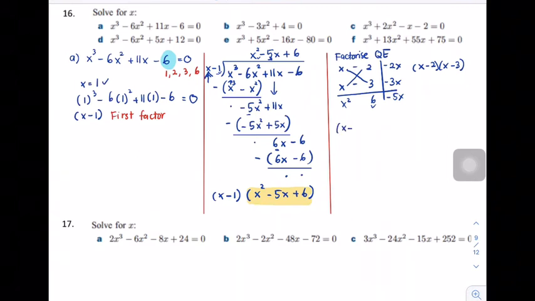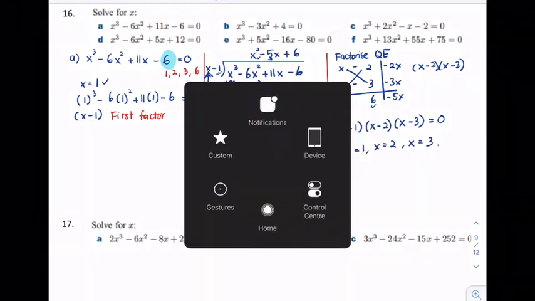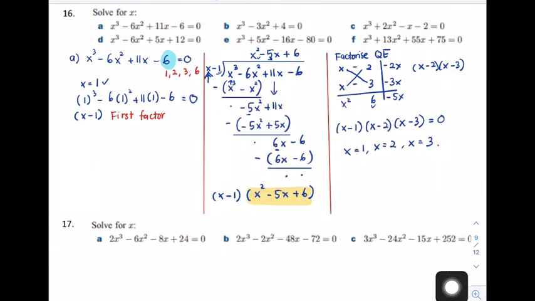So that means our cubic equation will be x minus 1 times x minus 2 times x minus 3 equals to 0, which means x equals to 1, x equals to 2, x equals to 3.